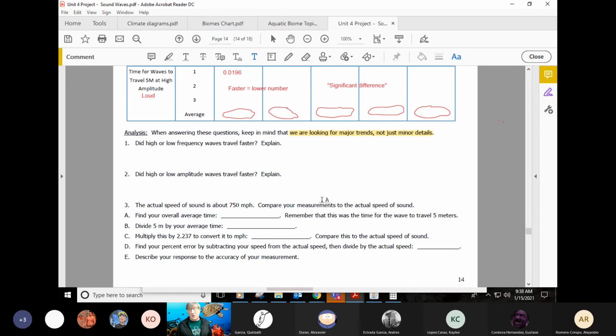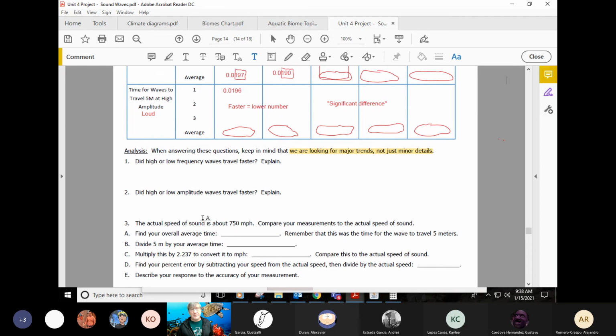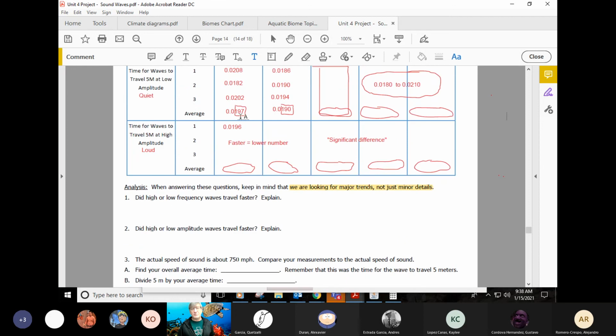Okay, so what we're going to do is find the overall average. What I mean by that, since there is really no difference between these different measurements, we're going to combine them all together. So I want you to take your 10 averages, add them together, and divide by 10, since there are 10 of them.